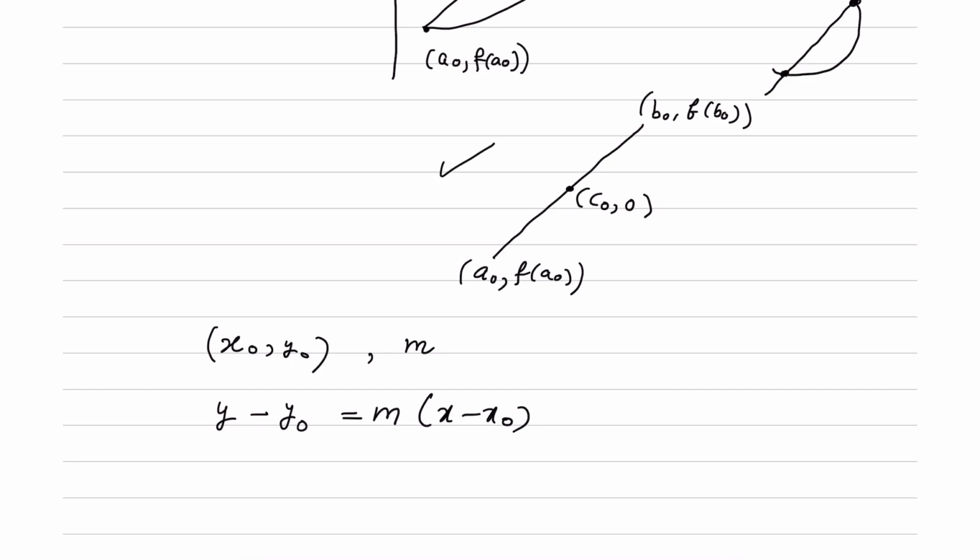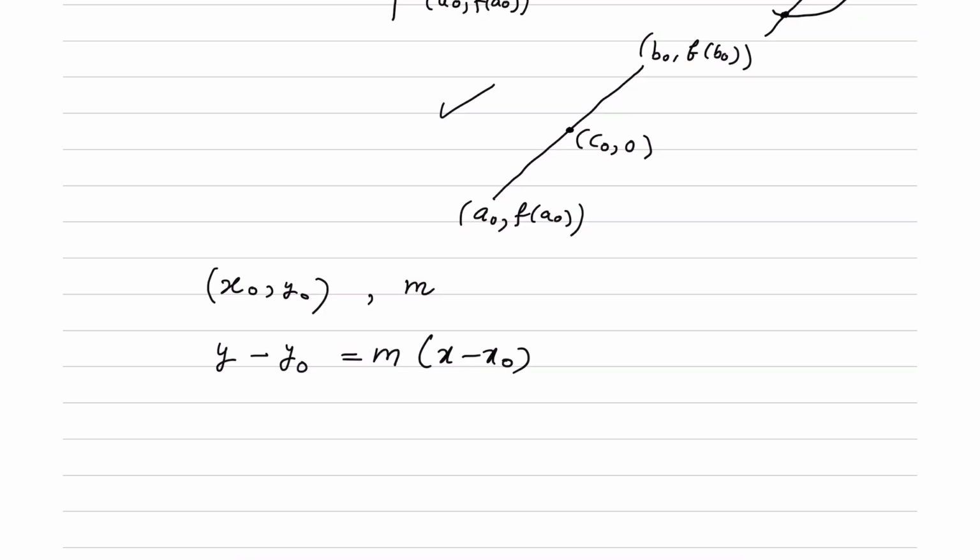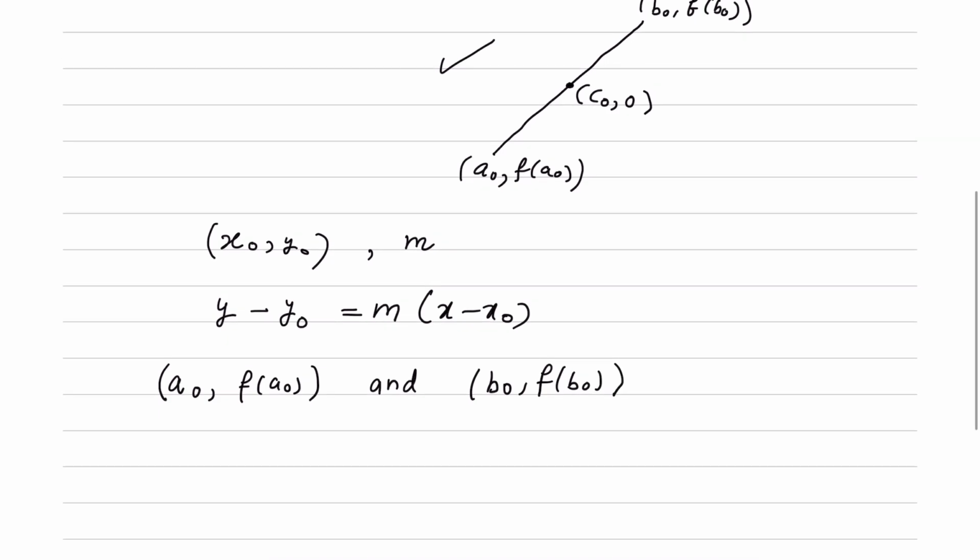Now in this situation, we have 3 points to be able to write an equation of a straight line. So what we are going to do is we will use first the point A0, f of A0 and the point B0, f of B0 to be able to write an equation of a straight line. Instead of having a point and a slope, like in this situation, we have 2 points. But yes, we can still manage to write an equation of a line.